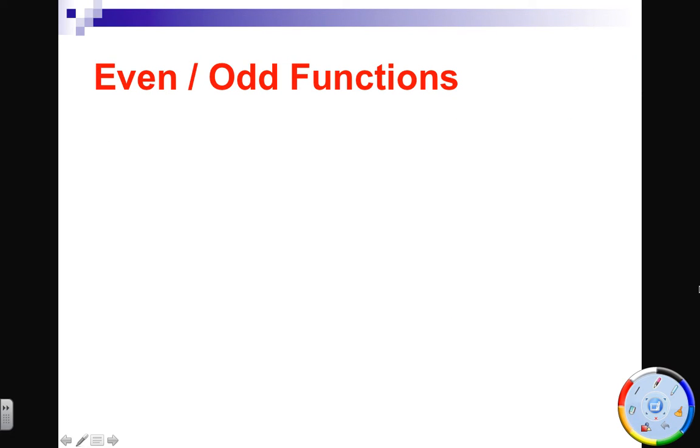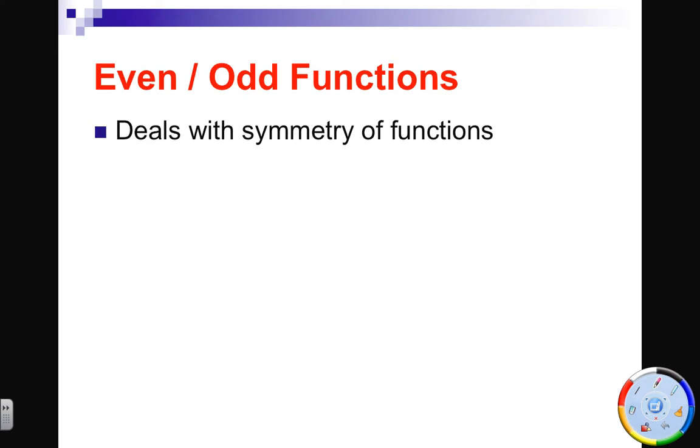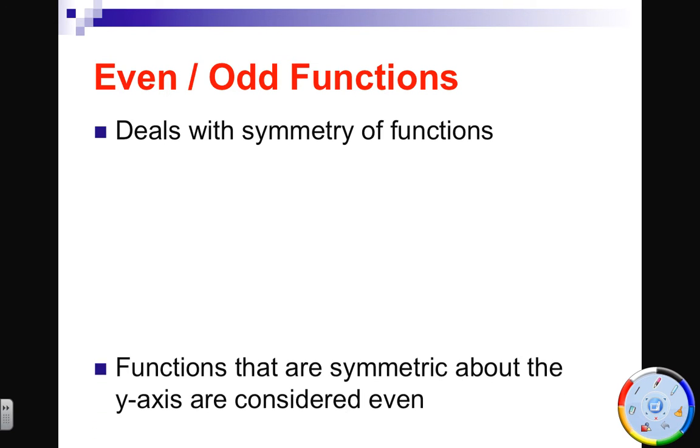The next identity, oh, I didn't say, there's a lot of identities today. The next identity is even and odd functions. And we've dealt with this before in our study of polynomials and functions in general. You might remember some of the variations of even and odd. This obviously is for symmetry of functions.